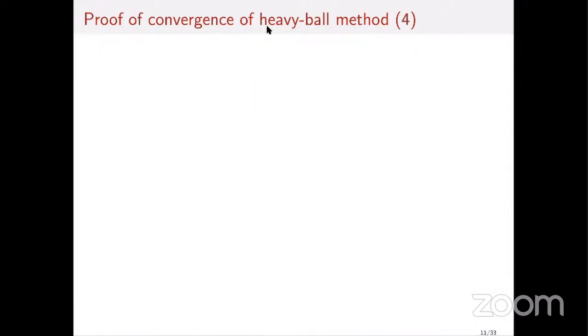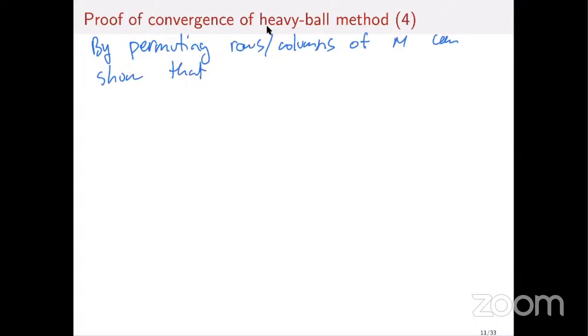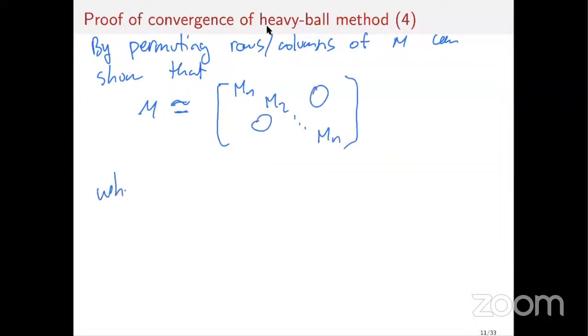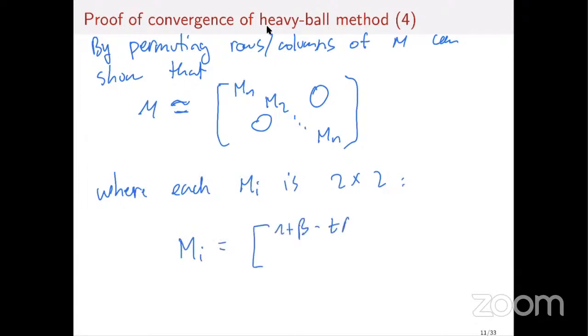So by permuting rows and columns of M, you can show that M is similar to a block diagonal matrix M1, M2, up to Mn, where each Mi is 2 by 2, of the form: Mi is 1 plus beta minus T A_ii, minus beta, 1 and 0.